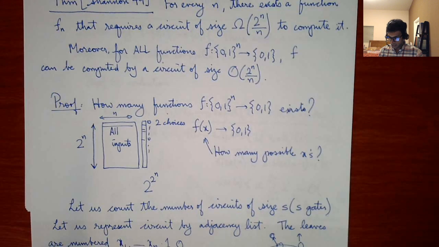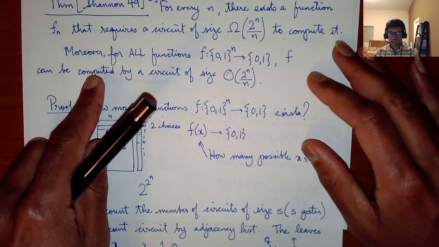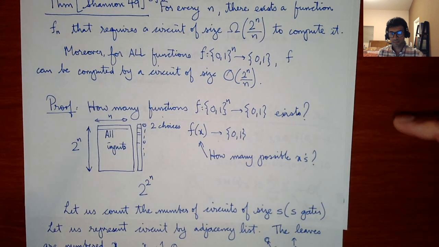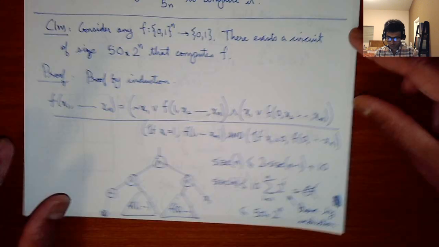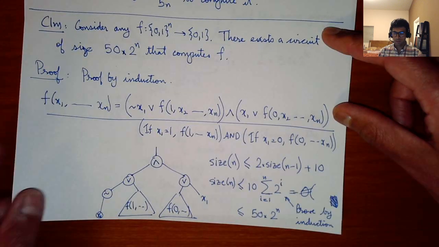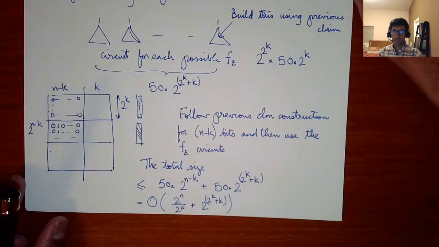In the second part, we actually have to construct a circuit for every function. So we have to construct the circuit, and indeed I first showed you a simple construction, and now I'm showing you a more complex construction.